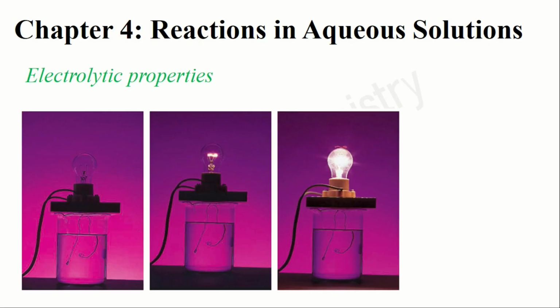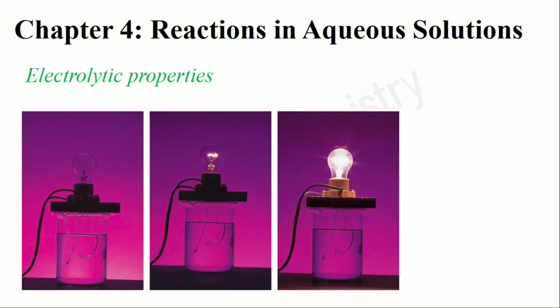This figure shows an easy and straightforward method of distinguishing between electrolytes and non-electrolytes. A pair of inert electrodes is immersed in a beaker of water. To light the bulb, electric current must flow from one electrode to the other, thus completing the circuit.